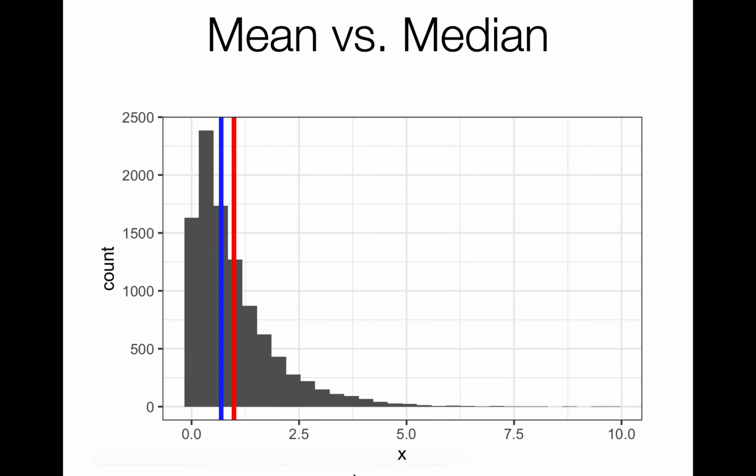The red line is the mean, and the blue line is the median. You see they're not terribly different, but the red one is pulled toward the skew more than the blue. The blue's not perfect. You would think that if it were perfect, it would be right on the tallest bar, but that's not necessarily true. It does look like it's more toward where most things are happening than the mean is.